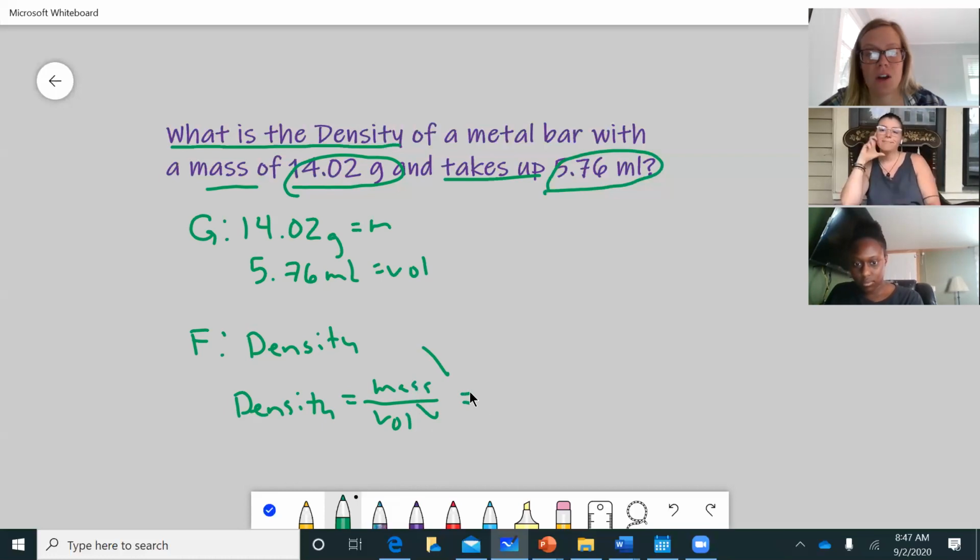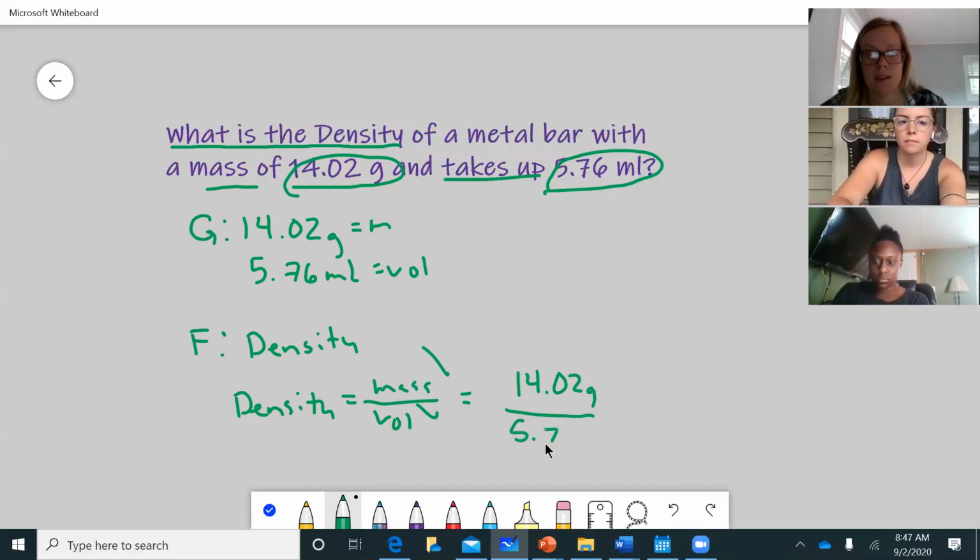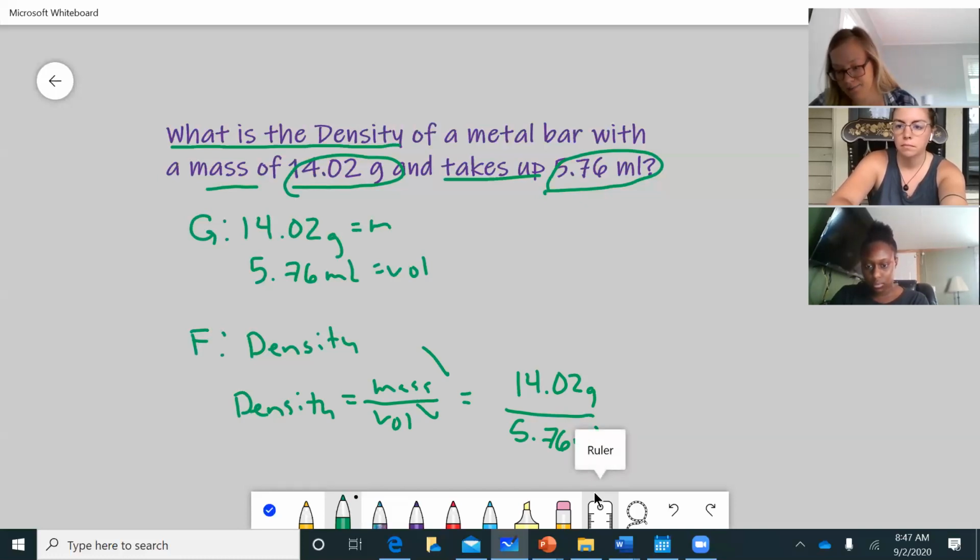Okay. So I know my mass is 14.02 grams. I know my volume is 5.76 milliliters. So I'm going to just plug that in. 14.02 over 5.76.